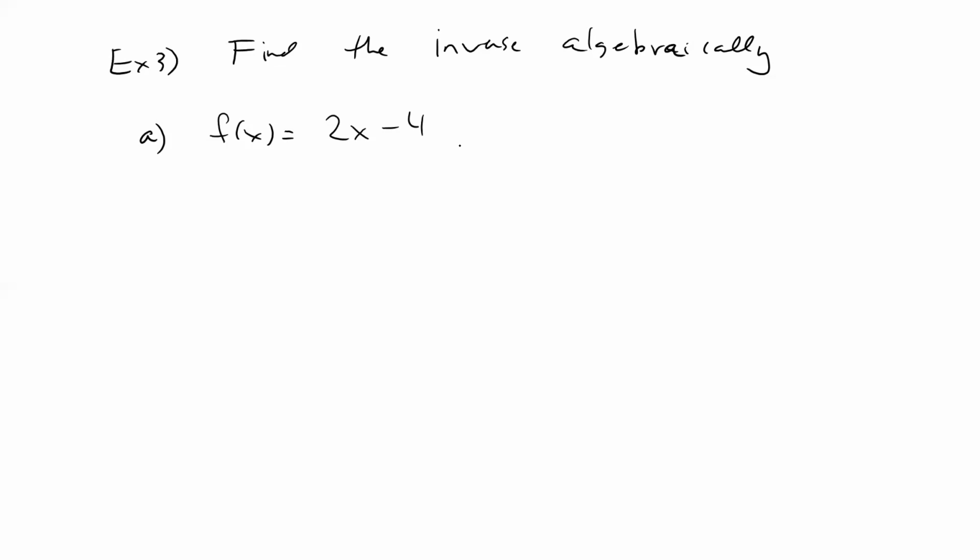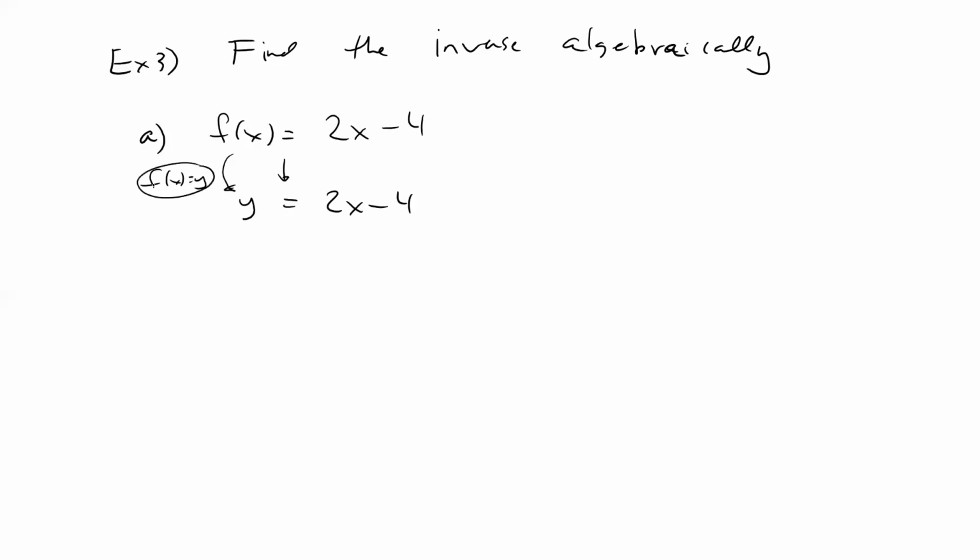So what do? Let's see. First of all, we don't like it to be in f of x form. So first thing that we do is we switch the f of x into a y, because we like to work with x's and y's, not f of x. Okay, so now what we do. So this guy's the switch right here. And if you want to write it down, that's fine.